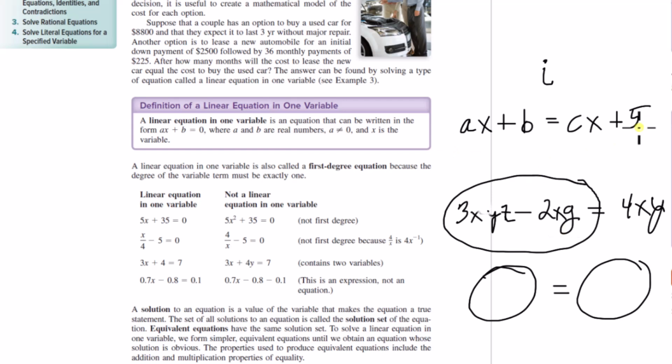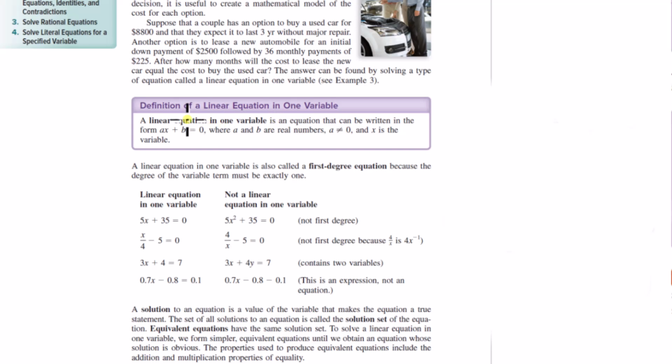I'm not making any official statements on this yet, because I don't want to confuse you too much, but it would make sense, since i is just a constant number, that a and b could be real or complex numbers, whatever. As long as all you've got is this single type of variable to the first power in the entire equation, then you still have a linear equation in one variable.